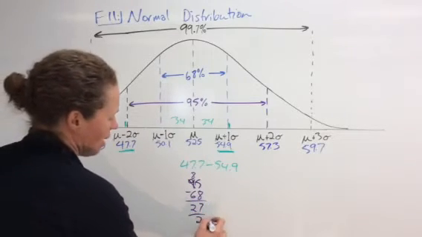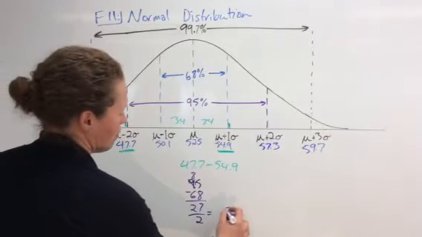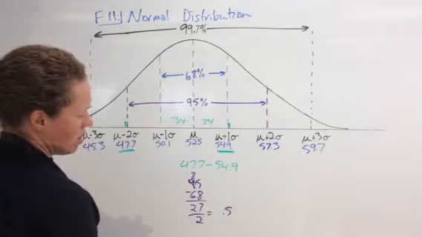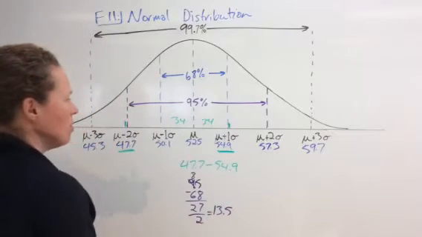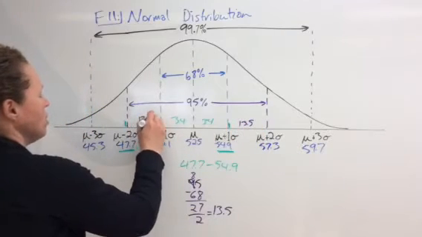Cut 27 in half, and you're going to have something and a half. So that's 13 and a half. That means each of these little wings is worth 13.5%.